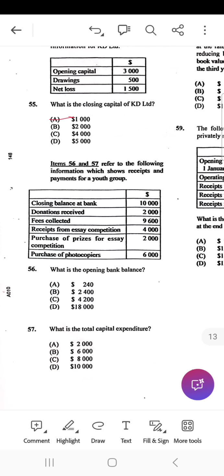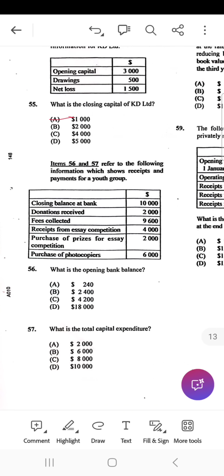Now I'm going to subtract my payments, which will be my purchases of prizes for the SA competition and purchases of photocopiers. So 15,600 take away 8,000, that will leave me with 7,600. So I had an opening balance, then I got a 7,600 increase, and that brought me to 10,000.